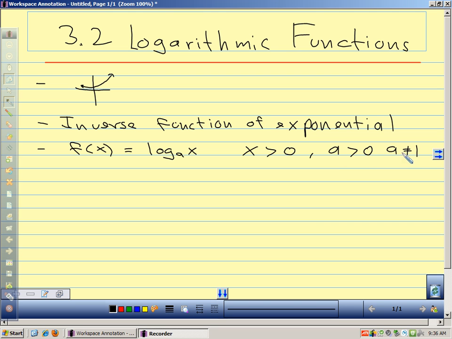But we don't want our base to be 1. So we say log base a of x. And we'll work with a couple of bases more frequently, and those will have a special name. We'll get to those today.